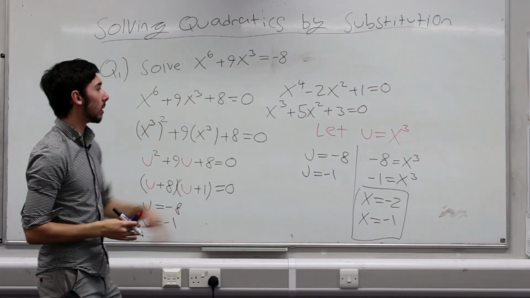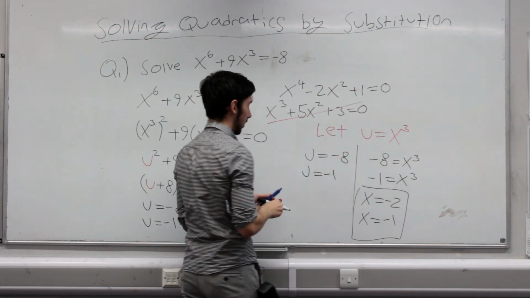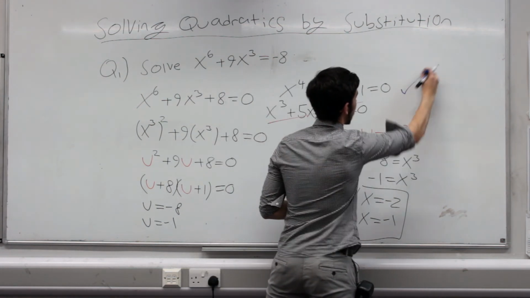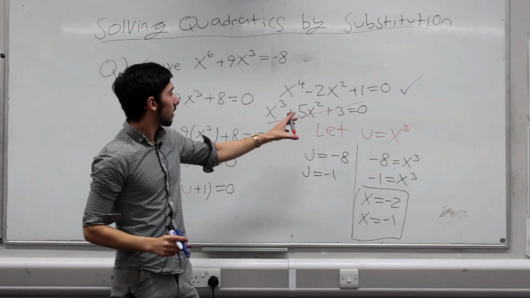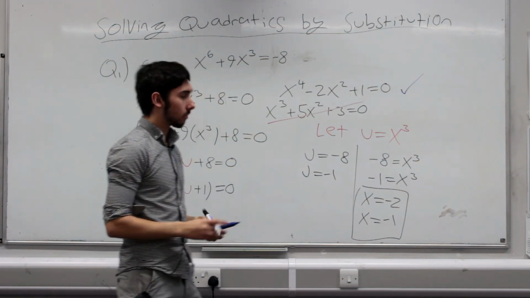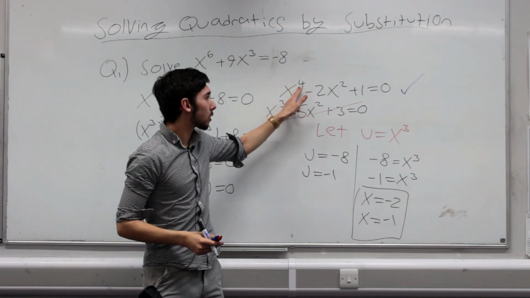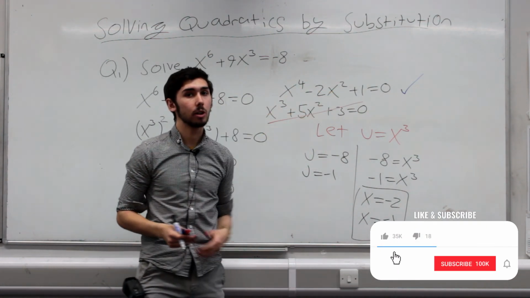It's not possible to do it in this example. So this is a no, and this is a yes, okay? In general, you need to just practice to sort of get the hang of it, but as long as the power in the first one is double what's in the second one, you can do it.